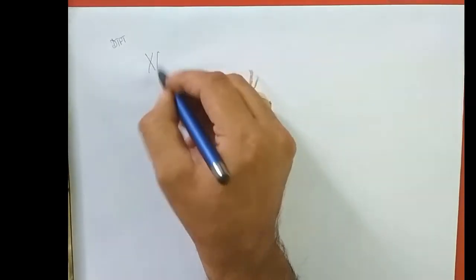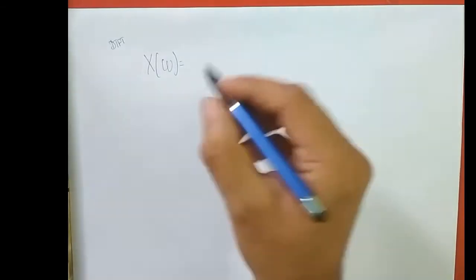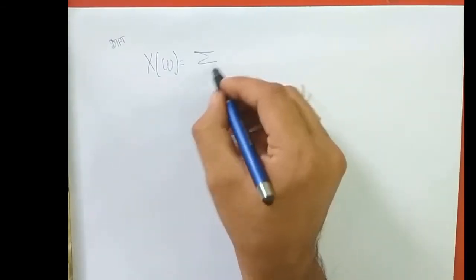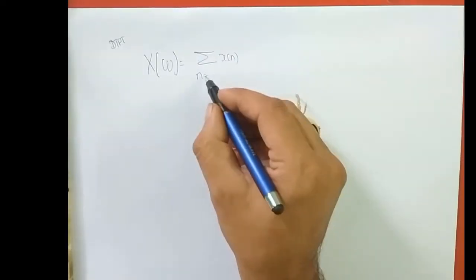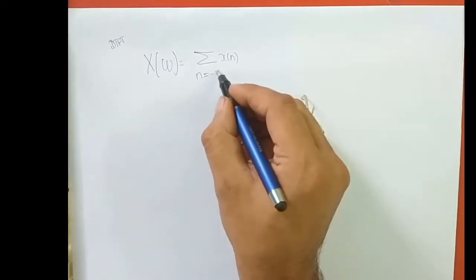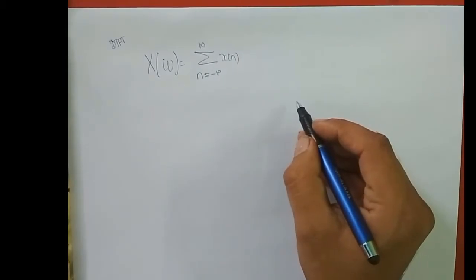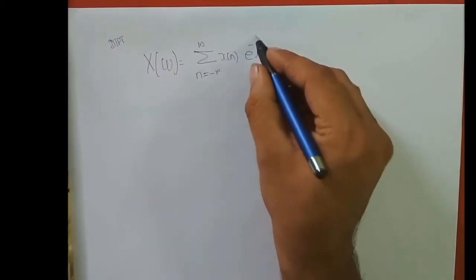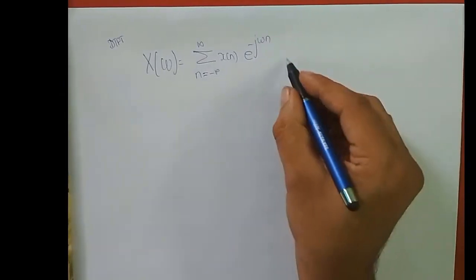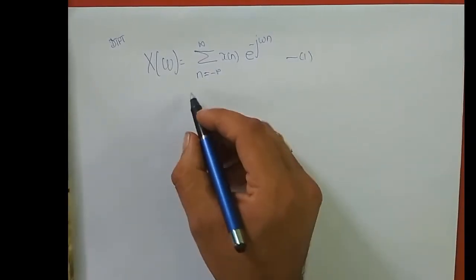It is X of omega is equal to summation x of n, and since x of n is a non-periodic signal, n is varying from minus infinity to infinity, e power minus j omega n, right? So we called it equation 1.